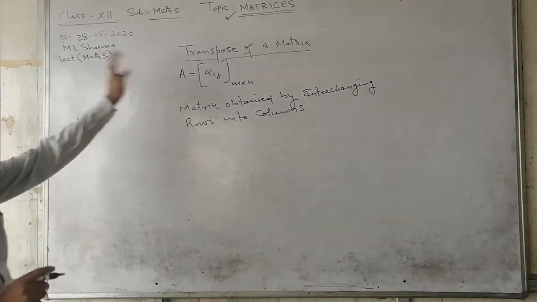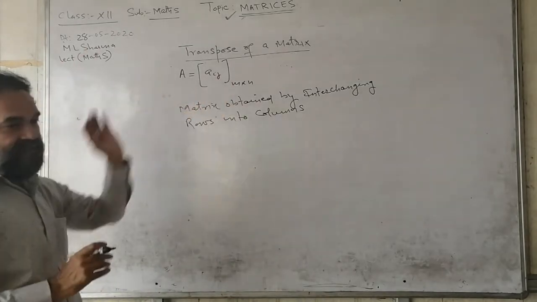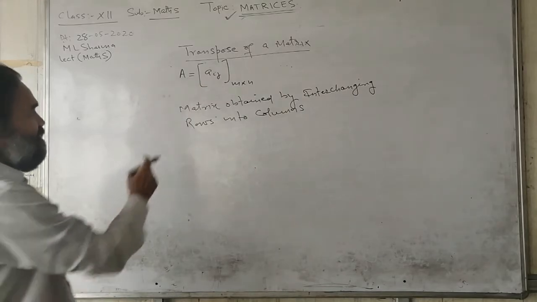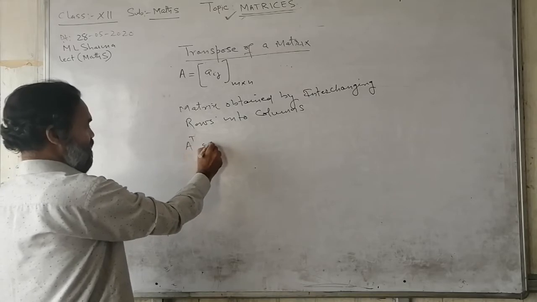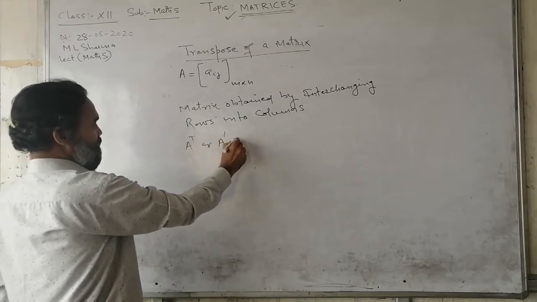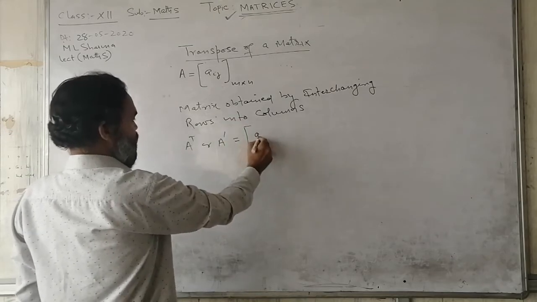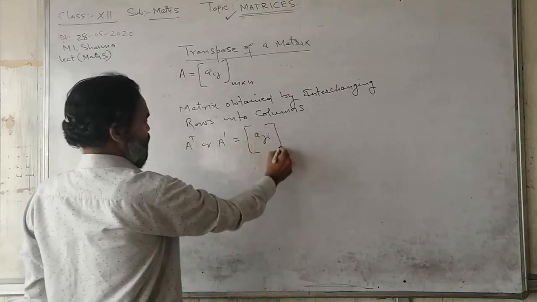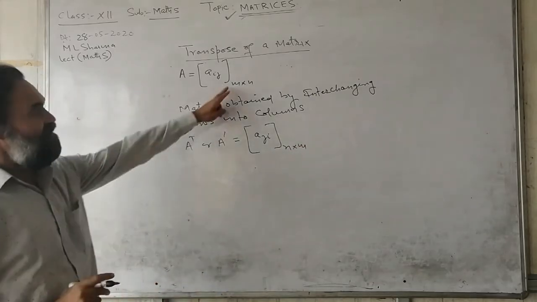Say if I have this matrix Aij whose order is m into n, its transpose is denoted by A dash, and this will equal to Aji, and the order will be the reverse of this order.